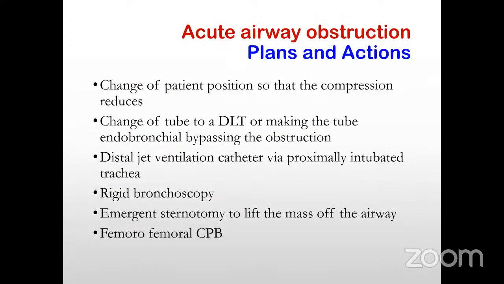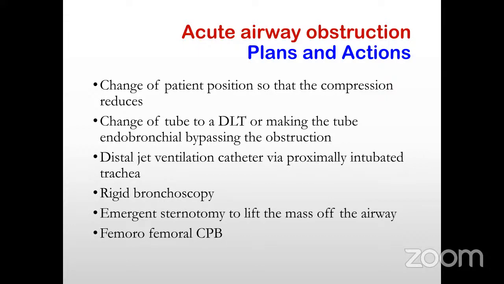Now, sometimes acute airway obstruction still can happen, and that's why you need to have plans and action. You can change the patient position, or change the tube to a DLT, making the tube endobronchial because you are now bypassing the obstruction. At times, you can use jet ventilation catheters because you may not be able to put a tube. A fine catheter, fiber optic guided, can be put, and you can use jet ventilation.